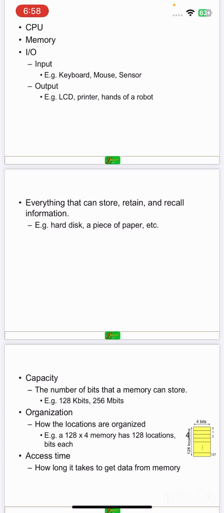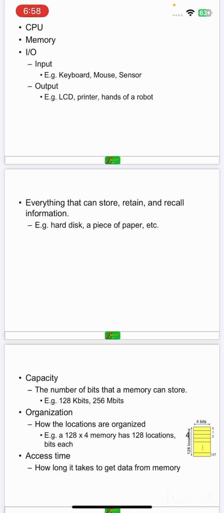This can be a hard disk, or in general words, even a piece of paper on which we make notes, and those notes work for us as memory. In the same way, hard disks and USB devices. A USB device is actually an input device as well as a memory device, because it has the ability to store data.